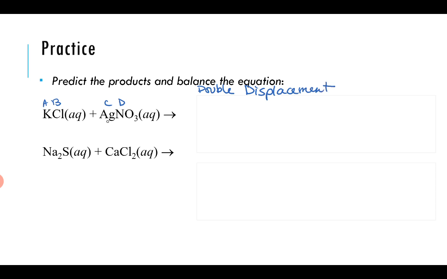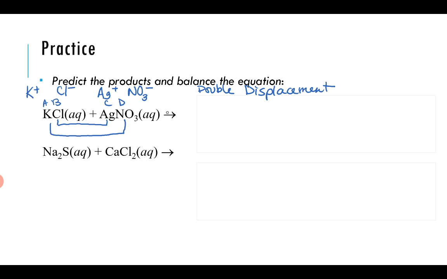And so that means after I do my pattern, I'm going to have silver bonding with chlorine and potassium bonding with nitrate. But before I write down the chemical formulas of those products, I should identify the ions to make sure that I'm not going to mess anything up.